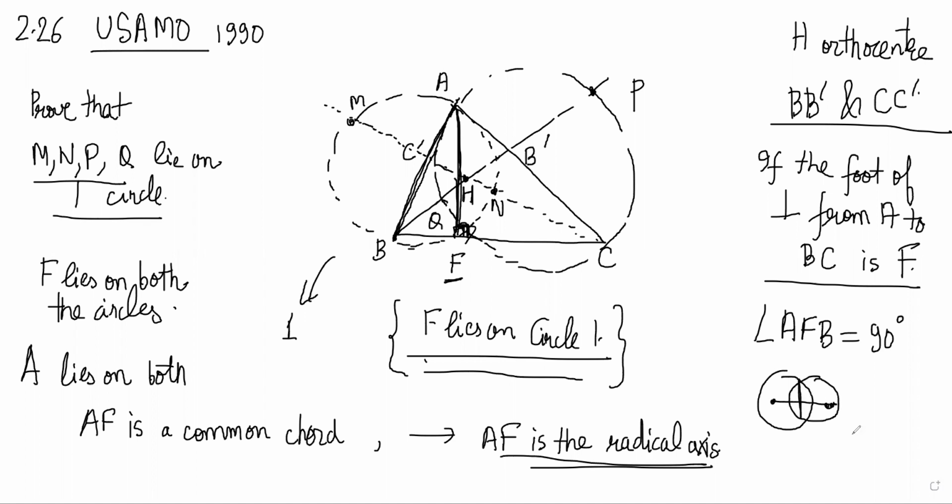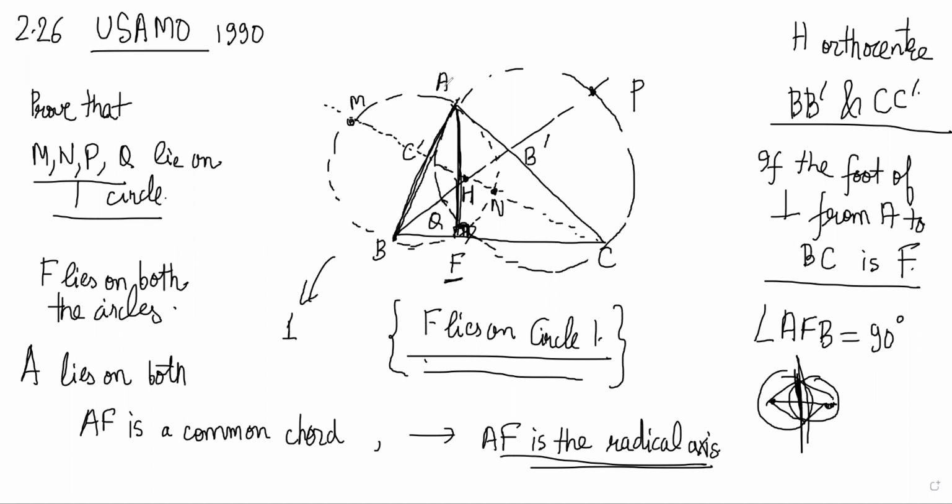Because for the 2 points of intersection, the power of a point is 0, so these points lie on the radical axis, and 2 points uniquely determine a line, correct? So it must be the radical axis.